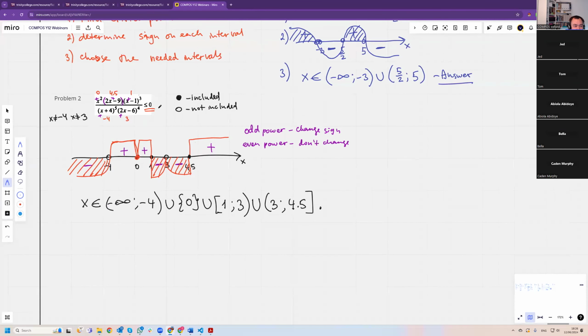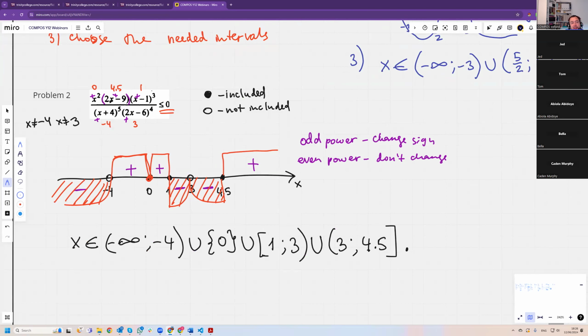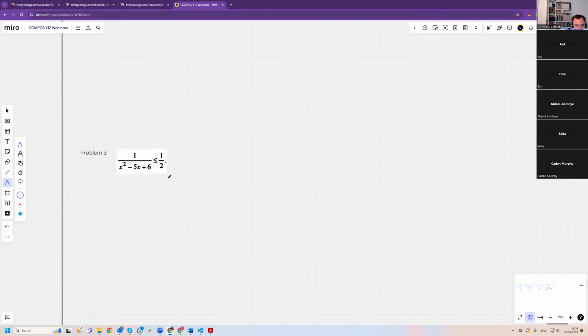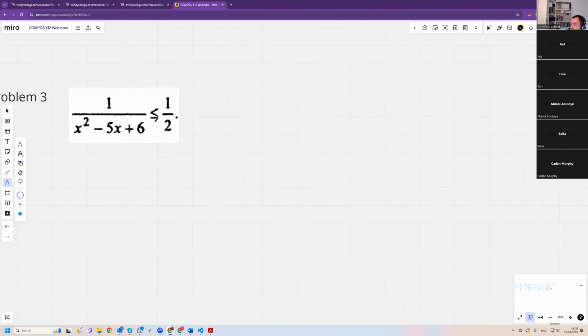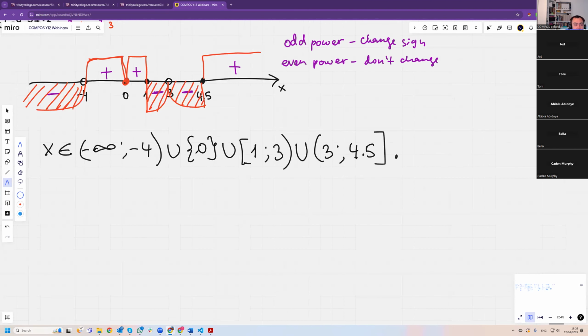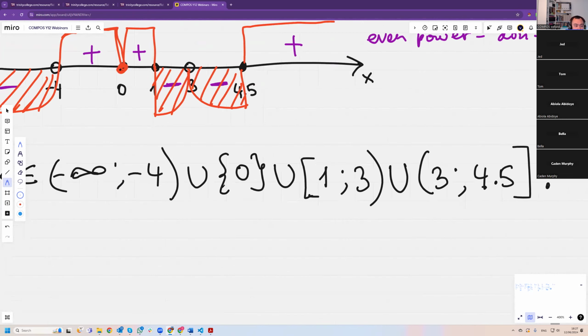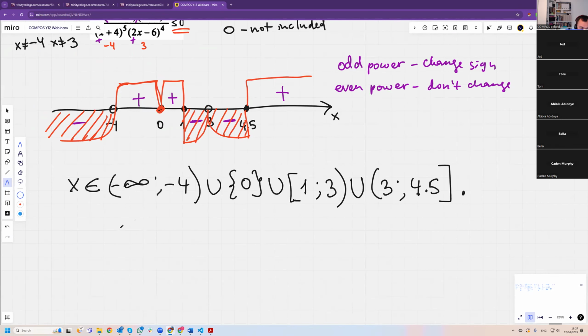But this is the idea. Basically, when you see something like that, for 0, well, it's not an interval, right? It's a single point. So x is between minus infinity and minus 4, or x is 0, or it is between 1 and 3, or it is between 3 and 4.5.